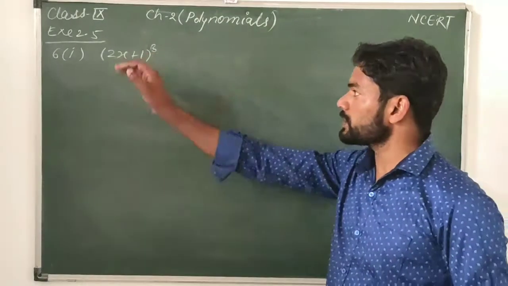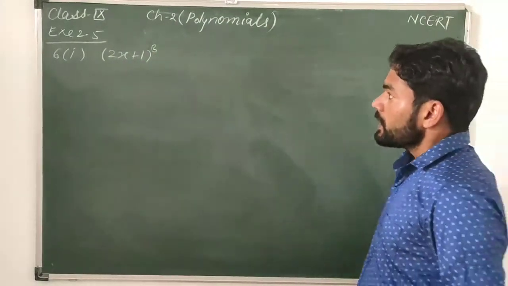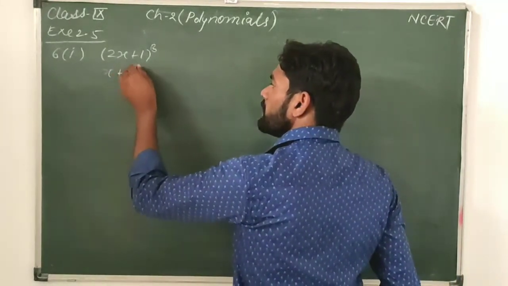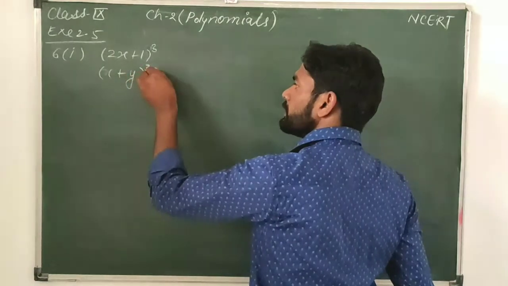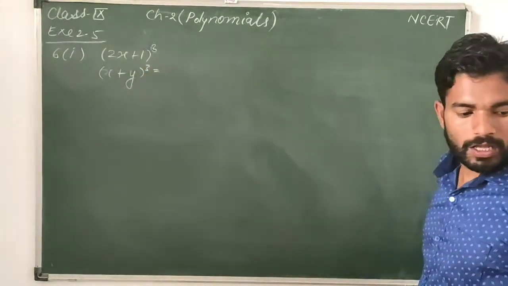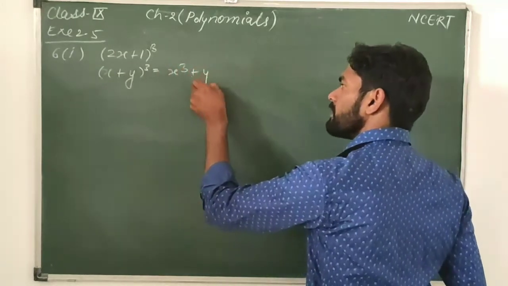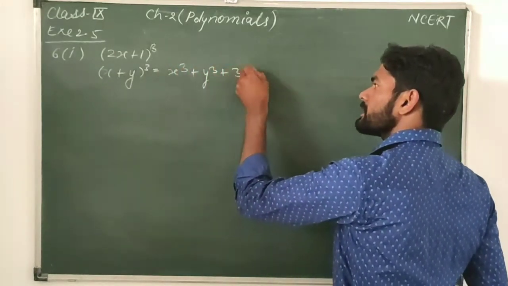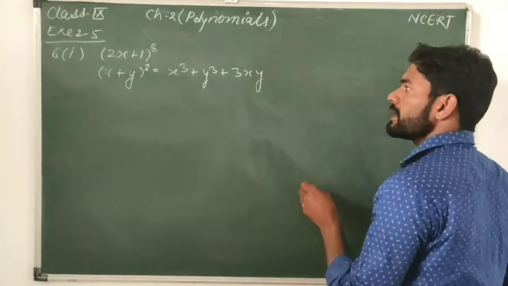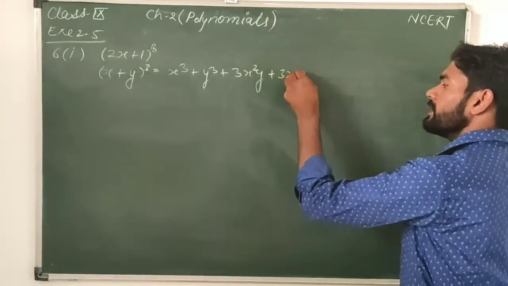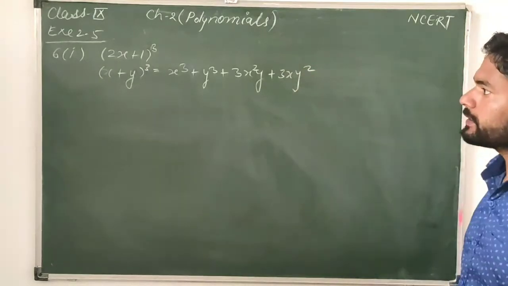The identity for it: (x + y) whole cube is equal to x cube plus y cube plus 3x square y plus 3xy square.